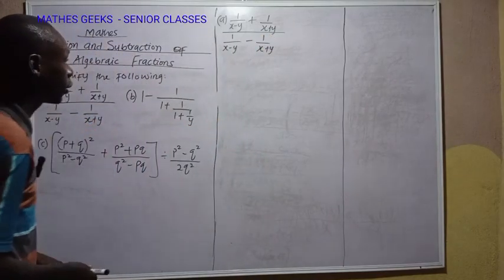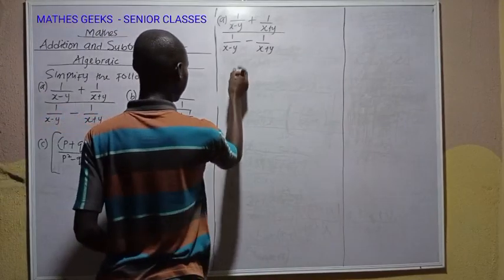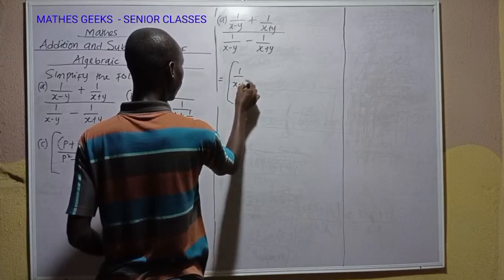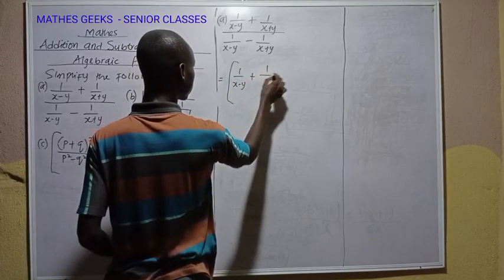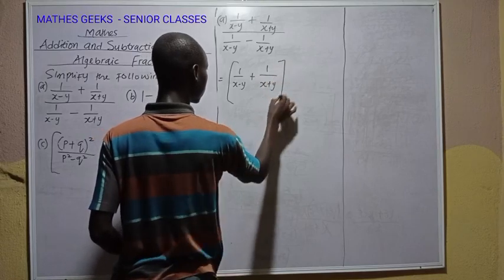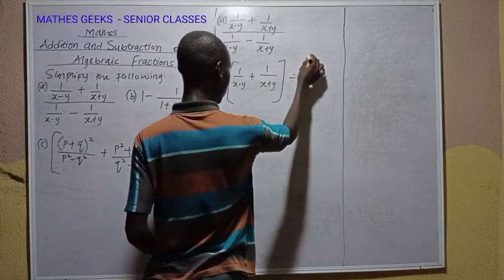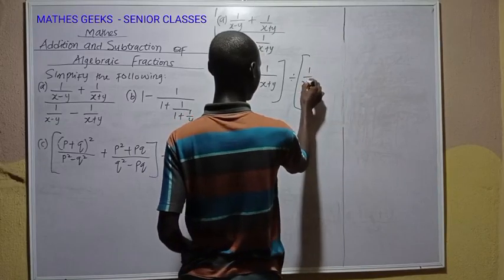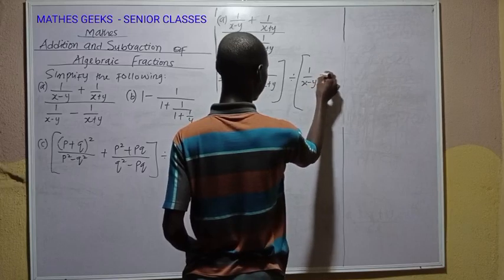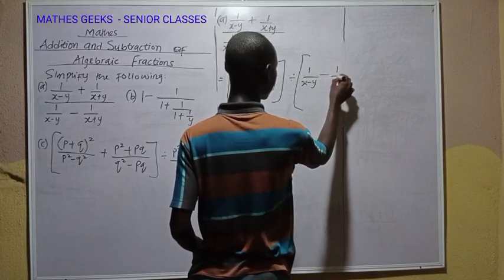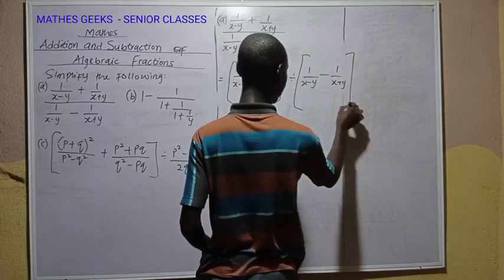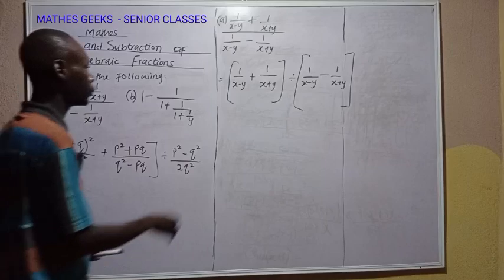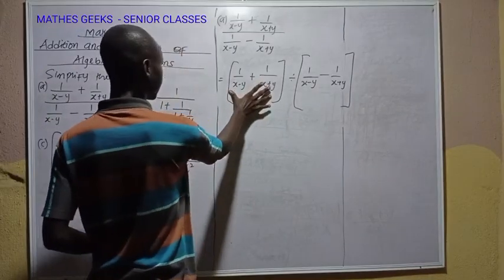Okay, so this is what we have. We're going to proceed like this. Okay, so let's simplify the numerator, which is this part.